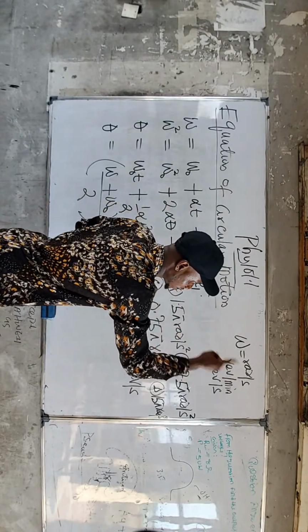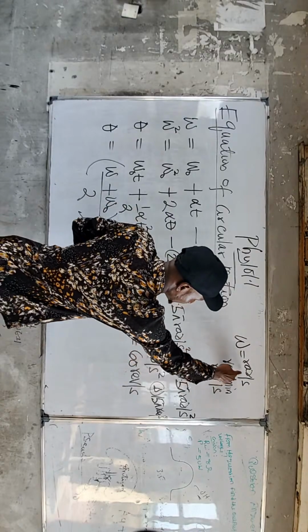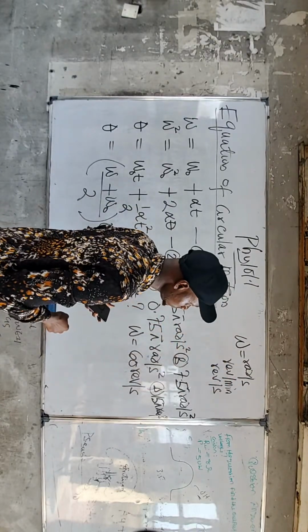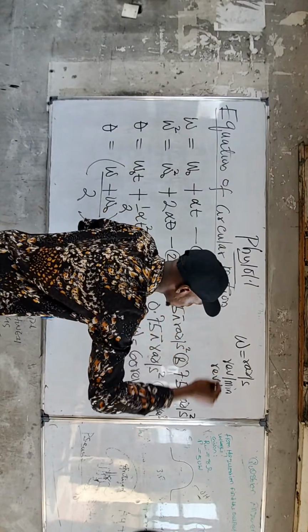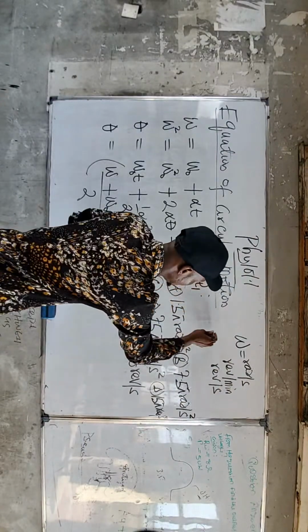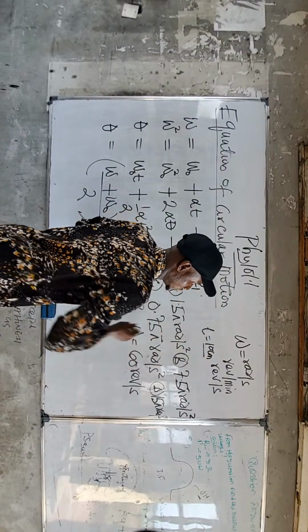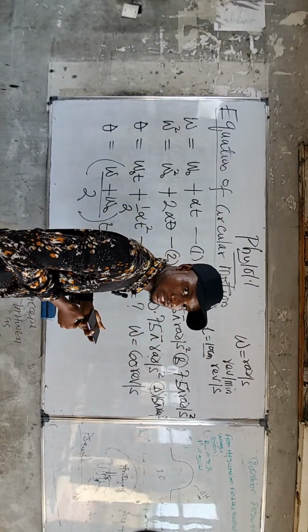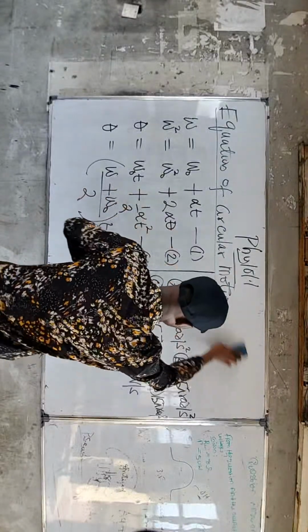So if you are given omega in rev per minute or rev per second, you must convert to rad per second before you solve. Just like if I'm given length to be 10 cm here, I have to convert to meters before I solve. Please take note.